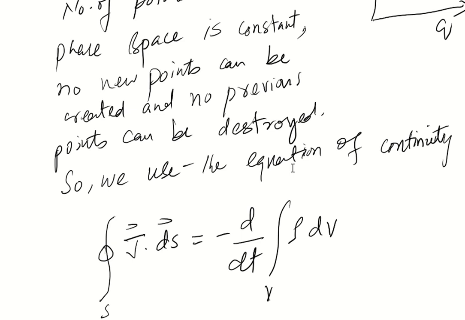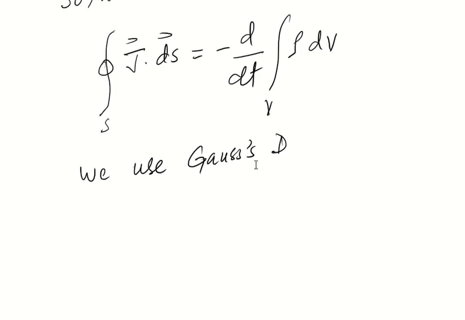But okay, we can rearrange it. We can use another theorem, the Gauss divergence theorem, to convert this integral form of the relationship into a differential form.